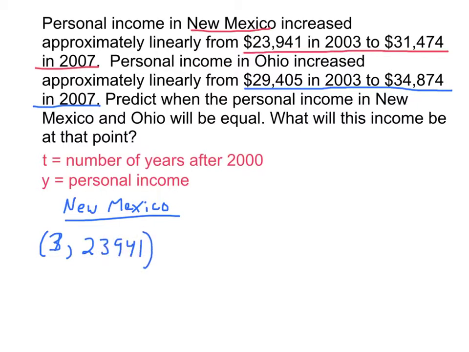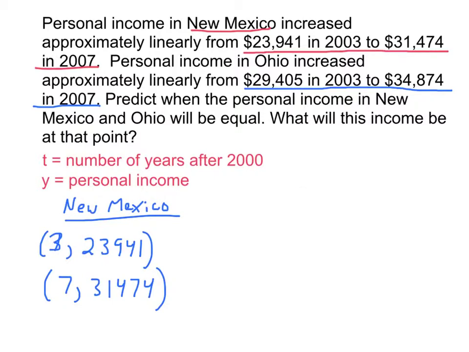So we'll treat that as an ordered pair. And then we're also given that in 2007, which would be t equals 7, it was $31,474. So we have two different ordered pairs that correspond to New Mexico.